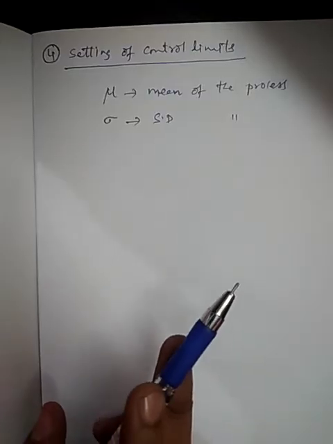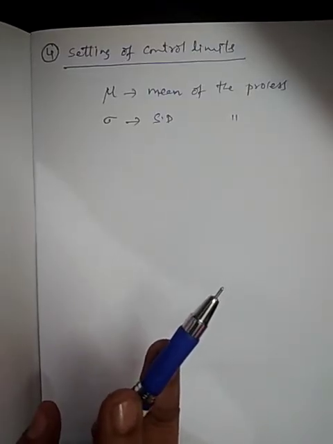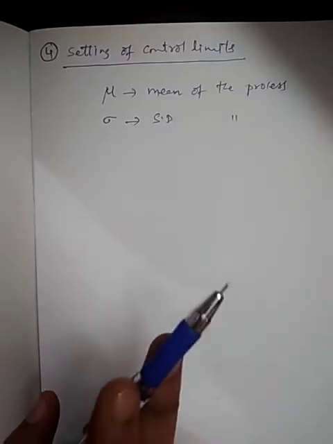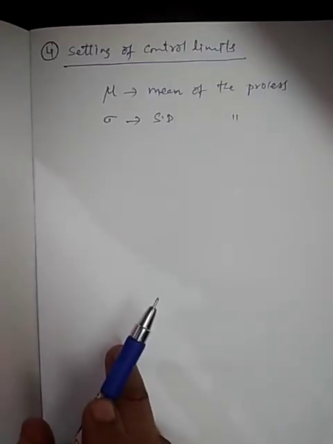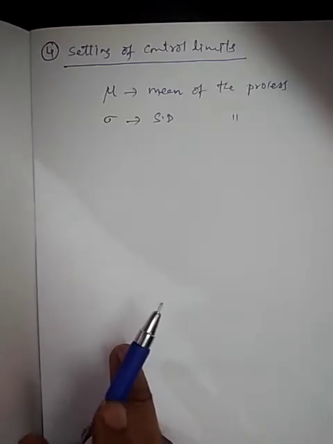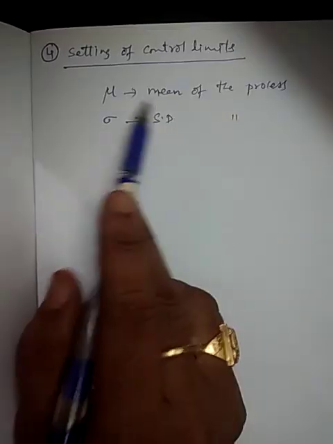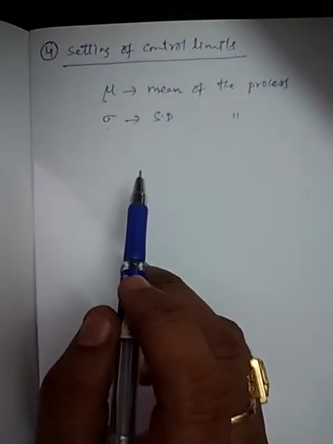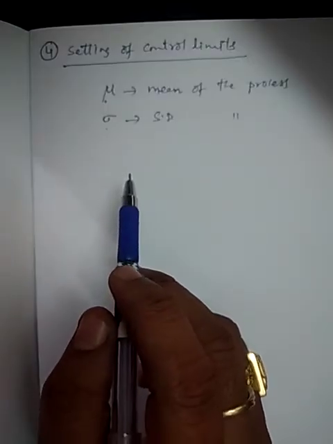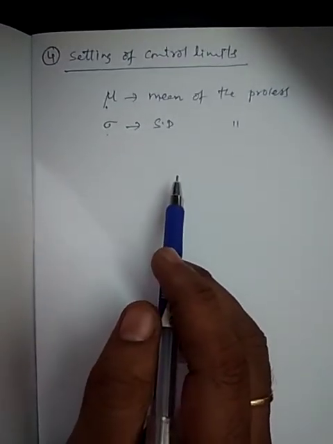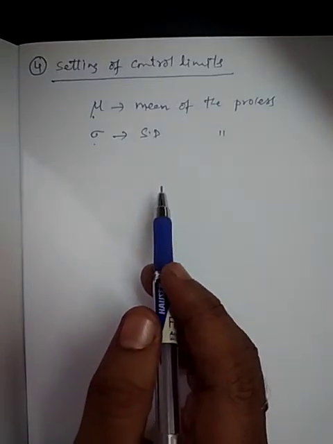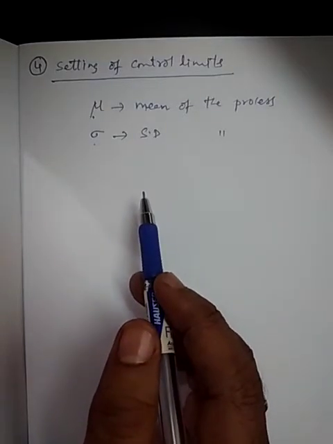What I have been specifying from the very first class of SQC is that a process has some particular standards. Here I am specifying that the process mean is mu and the process standard deviation is sigma. These are the two particular values regarding a particular process. Now let us discuss what the control limits are.